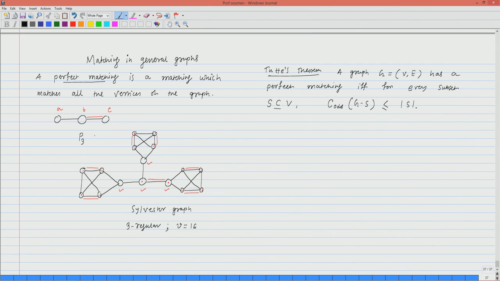Now, this graph, say P3, does not have a perfect matching because this condition is not satisfied.